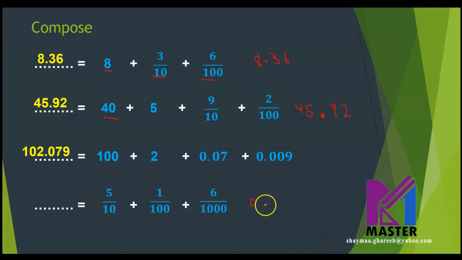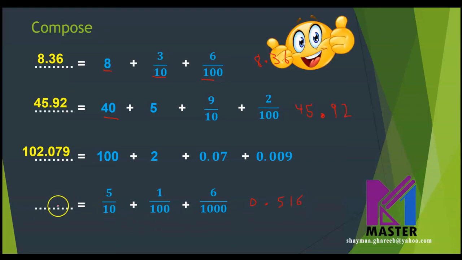Then the first place, which is the tenths, has 5, and in the second place, which is the hundredths, I will put 1, and the third decimal place, which is the thousandths, I will put 6. So the number will be, yes, 0.516 or 516 thousandths.